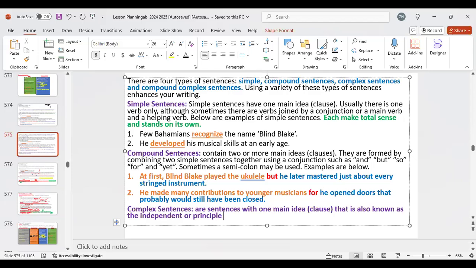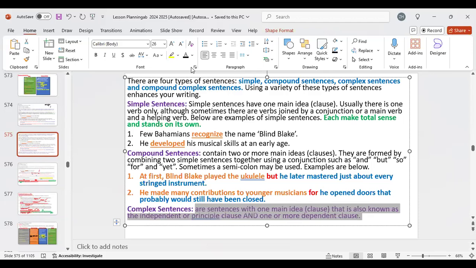So it has one independent or principal clause, and this is very important, one or more dependent clauses, right? So that's how we know a complex sentence.